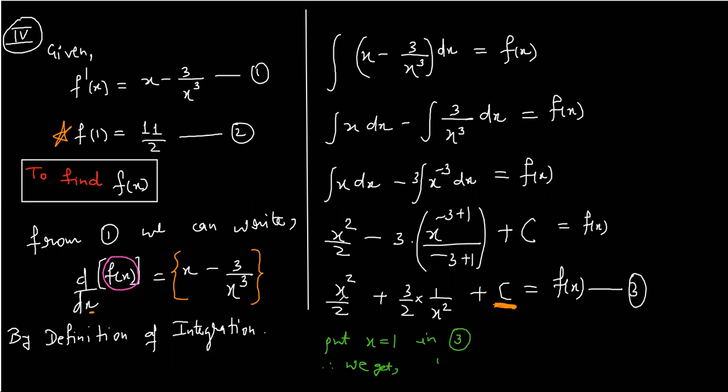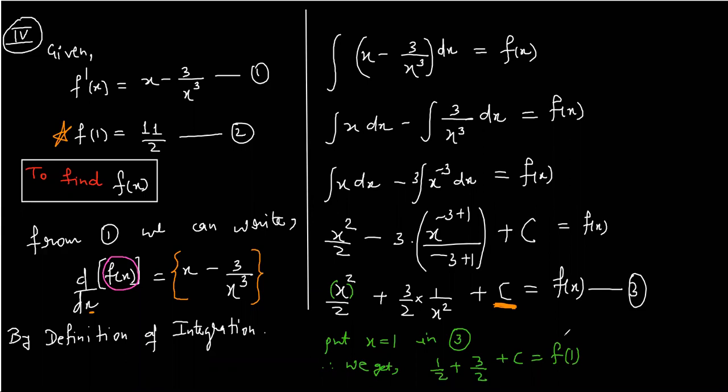You're writing x as 1. So when you write x as 1 here, 1 square by 2 is 1 by 2, plus 3 by 2, 1 upon 1 square is 1, plus c equals f of 1. And here you have f of 1, because you're putting x as 1.